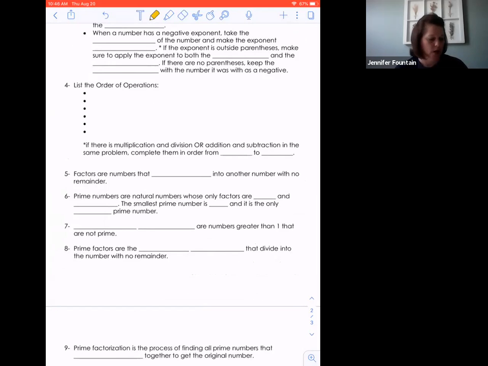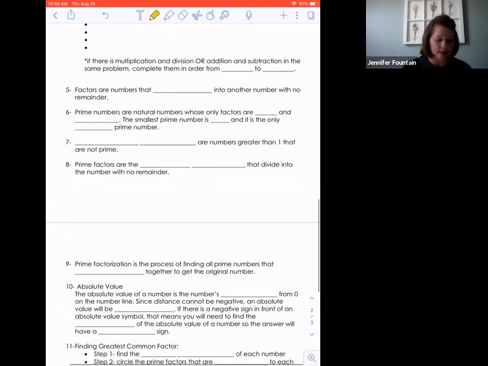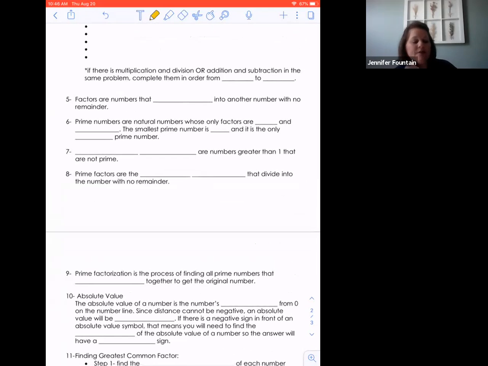Lesson 4, factors. This is actually going to cover numbers 5, 6, 7, 8, and 9. We've learned that factors are numbers that divide evenly into another number without a remainder. You can also look at them as two numbers that multiply together to make another number.